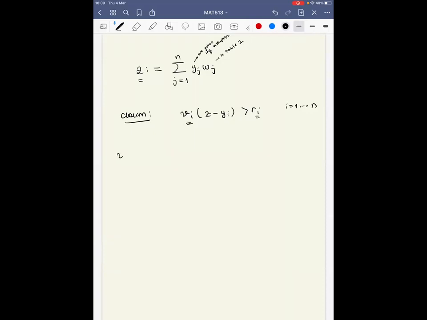And to see that, for instance, let me consider the valuation of z minus y1. I write this term explicitly with minus y1, and I want to look at whether its valuation can be bounded by R1.